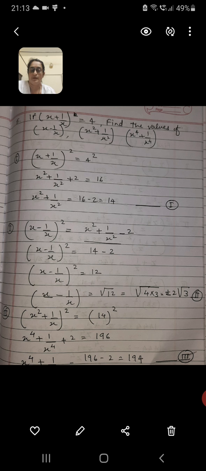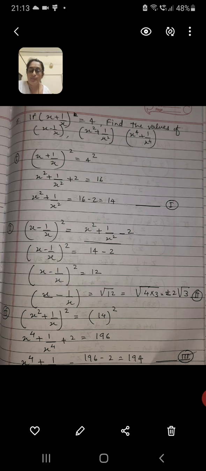Now we got the first answer, that is x square plus 1 upon x square, that is 14. We are going to use that. x square plus 1 upon x square, that full bracket we are going to square it. So when you square it, that value is 14, so 14 also is squared.